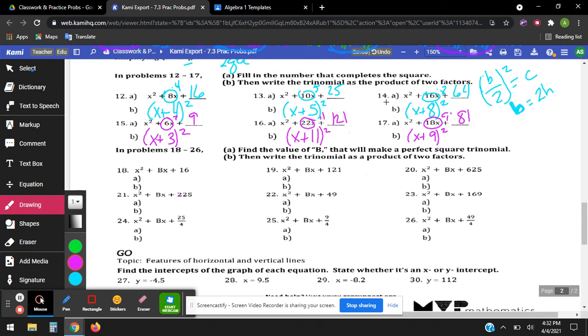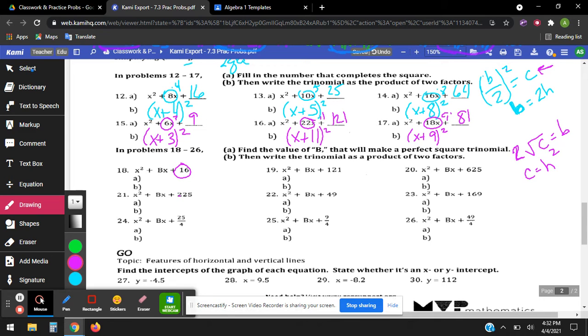If I were going to undo this equation, first I'd have to take the square root of C, right, to get rid of this, and then I'd have to times 2 to get B. Keep in mind, C equals H squared. So to find my H for letter B, I need to take the square root of this number. But to find my B, I need to take the square root and then times by 2.